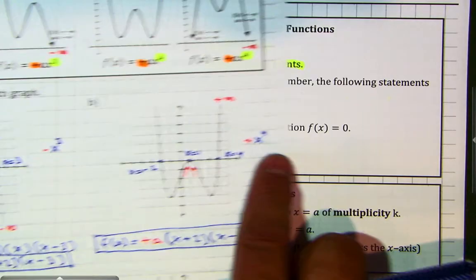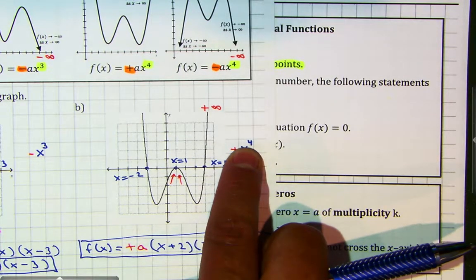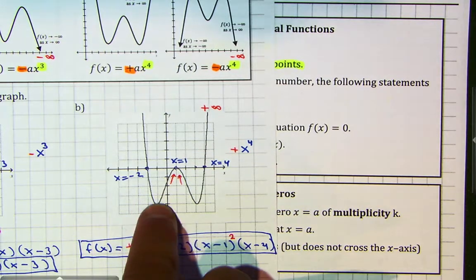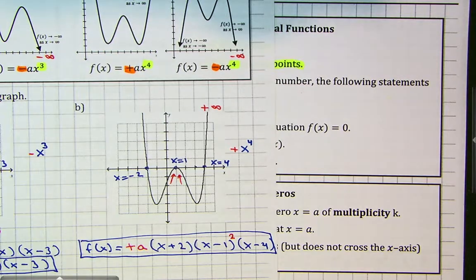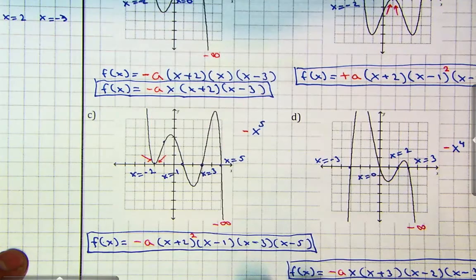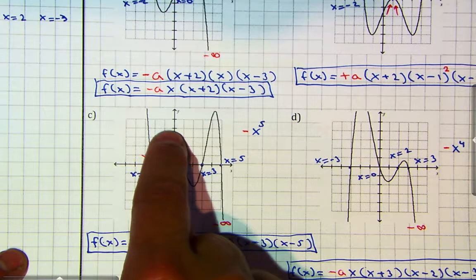If the degree of the polynomial is 4, 4 minus 1 will be 3 turns. 1, 2, 3. If the degree of the polynomial is 5, you should have 4 turns. 1, 2, 3, 4.